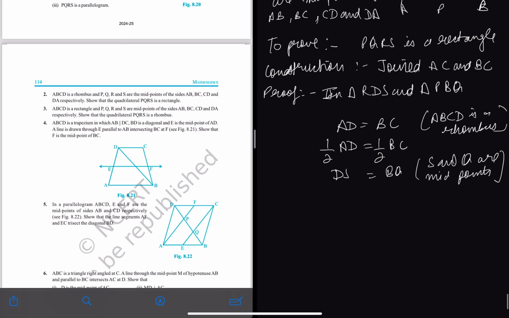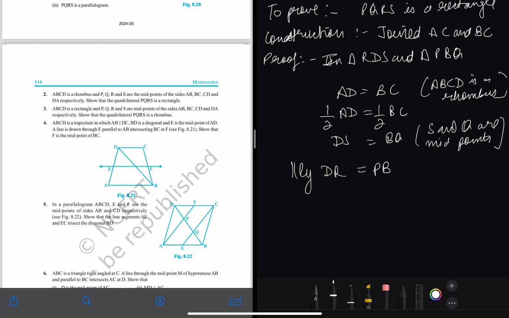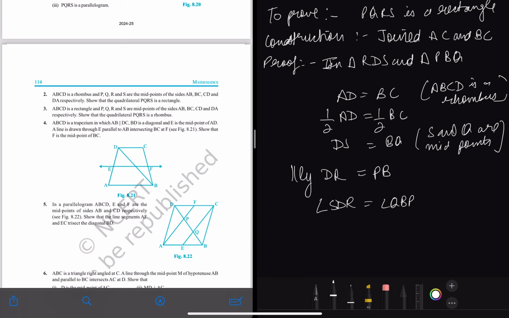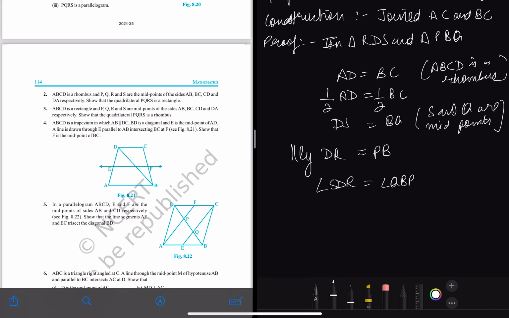And similarly DR is equal to PB. And angle SDR is equal to angle QPB, because opposite angles of a parallelogram are equal.